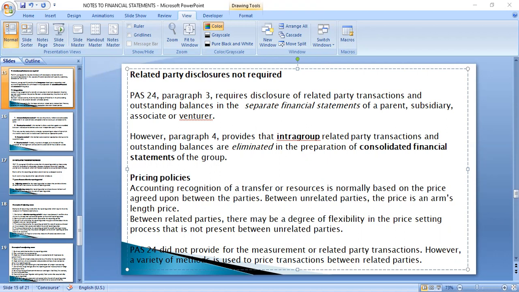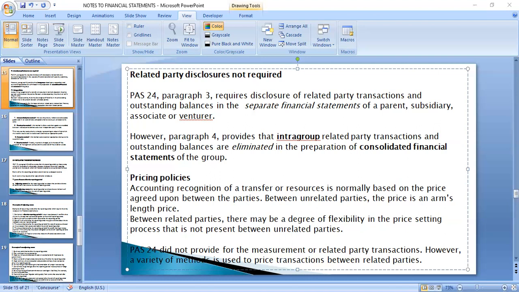We have the cost plus method, seeking to add an appropriate markup to the supplier's cost, and the no price method, where literally no price is charged, as in the case of free provision of management services and the extension of free credit on a debt.